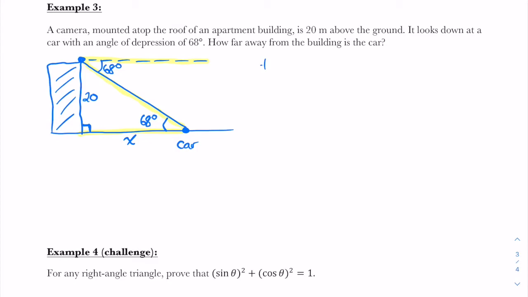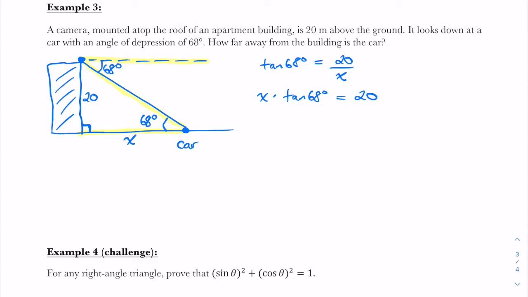In this case, tan of 68 degrees is the opposite side divided by the adjacent side. We have to solve for x. Unfortunately, it's in the denominator, so we're going to have to do two steps here. First things first, let's bring x to the left side through multiplication. So x multiplied by tan 68 degrees equals 20.